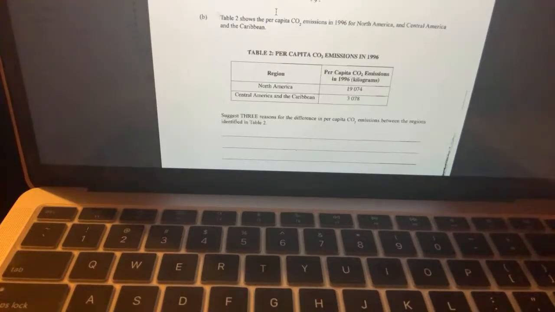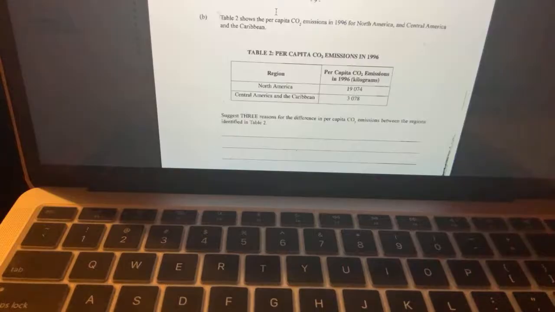So what could be three reasons for this? North America being more industrialized.